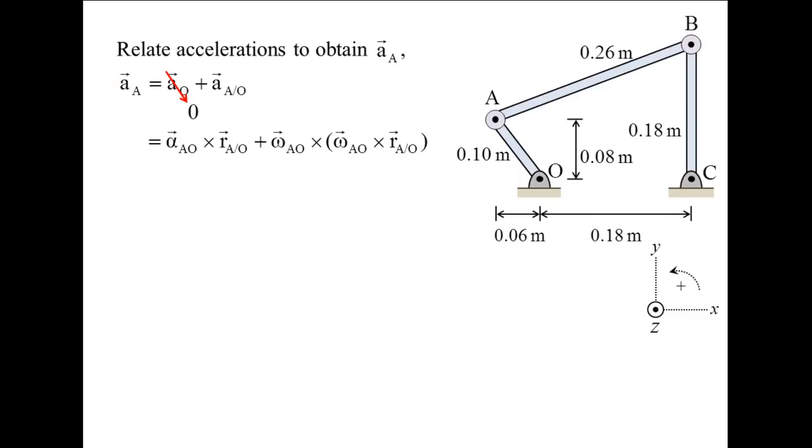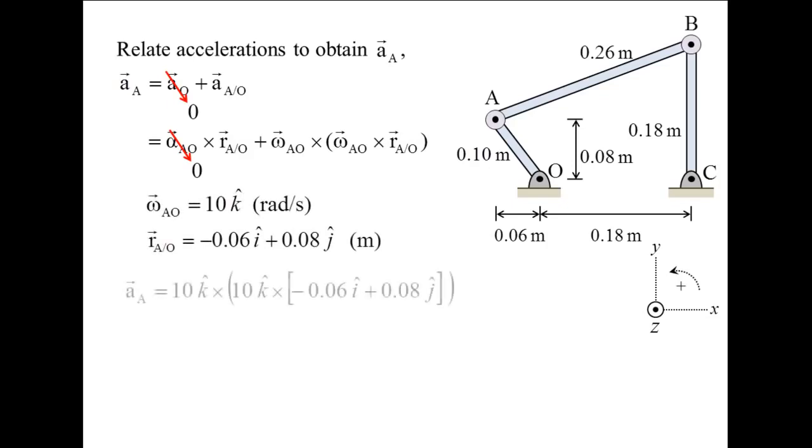The tangential component is alpha AO cross RAO. The normal component is omega AO cross the quantity omega AO cross RAO. Alpha AO is 0 because link AO rotates with constant angular velocity. We already found expressions for omega AO and RAO. Evaluating the cross product gives us the acceleration of point A.